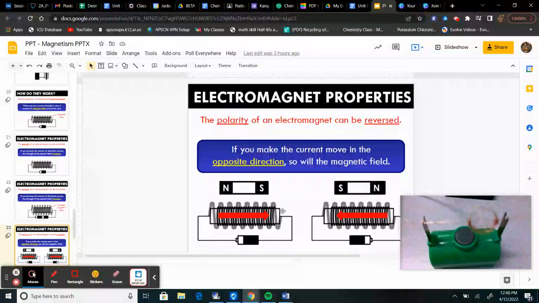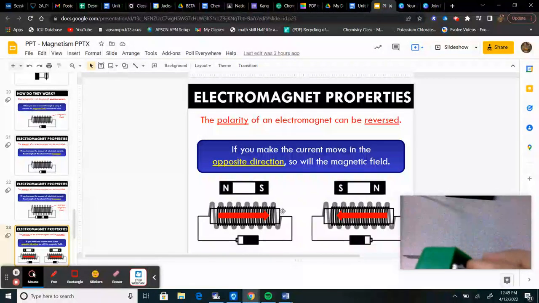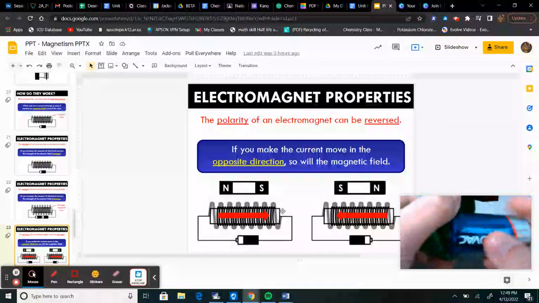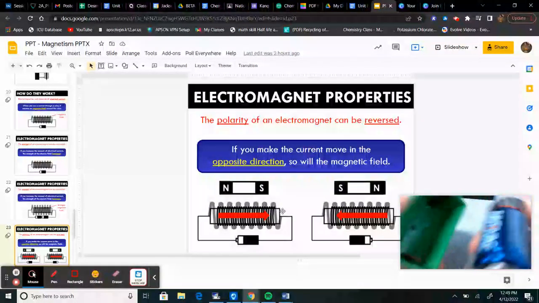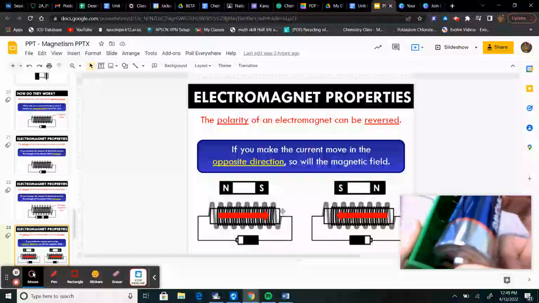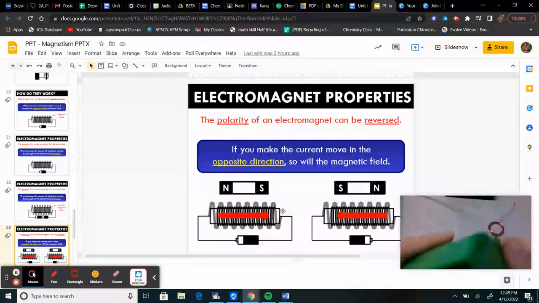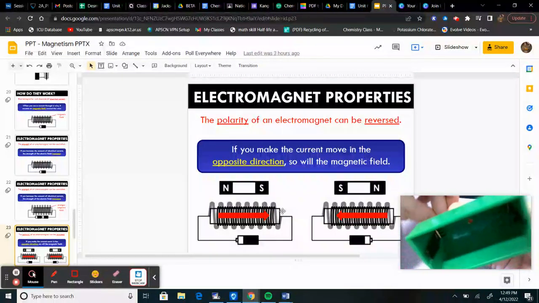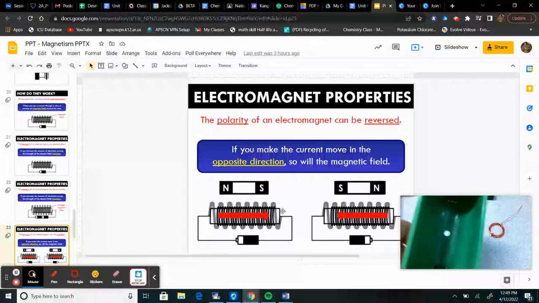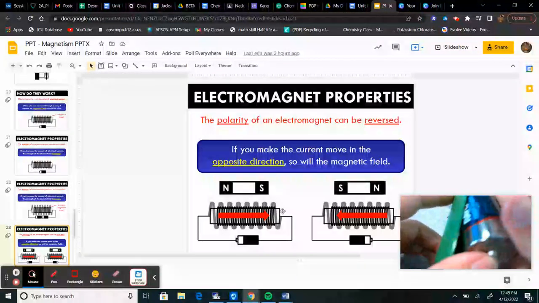You can also change the polarity of your electromagnet. You can simply, let's take this off. All you have to do to change the polarity is take your battery out, and then, see, it was facing this way. All you have to do is flip it to go the different direction. Okay, so I kind of took out the plugs when doing this, so I'm fixing this here. So it was going this way. Now we're going to make it go this way.